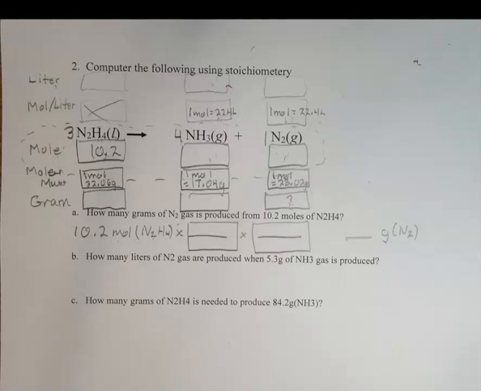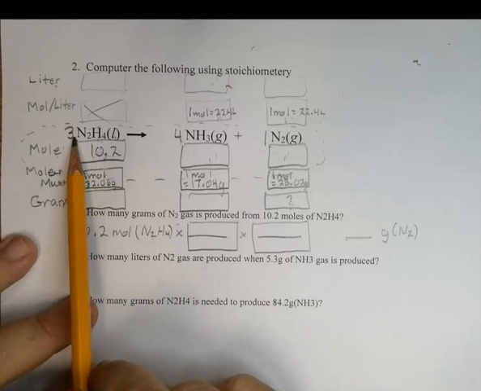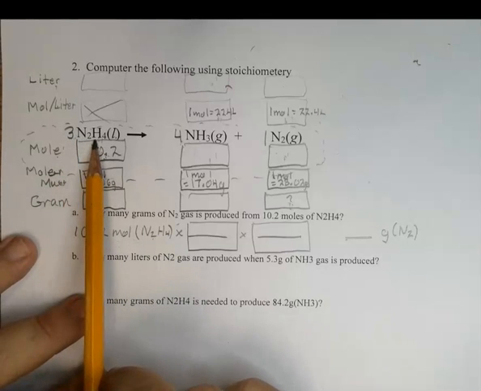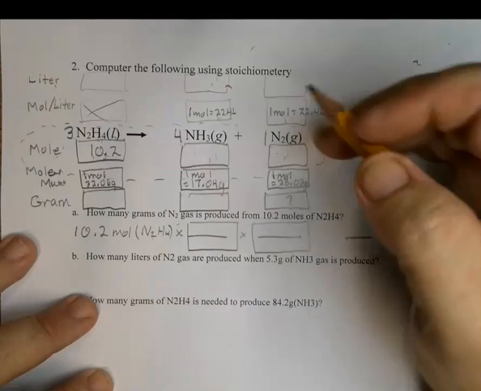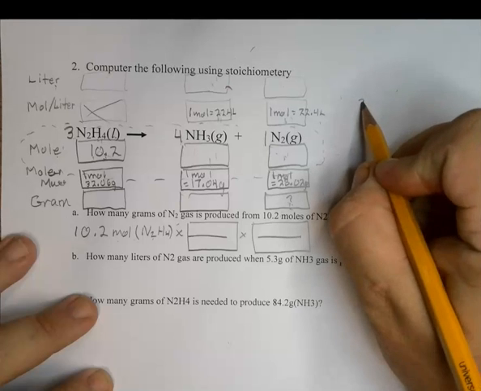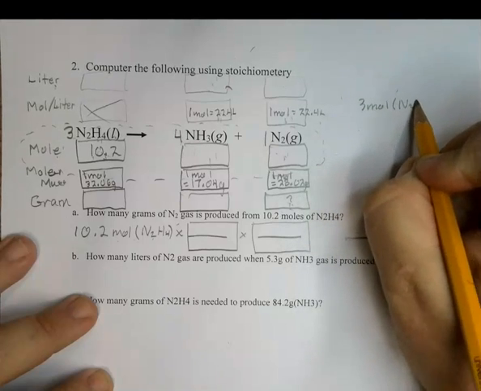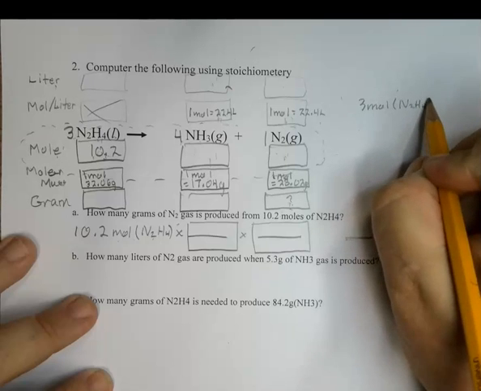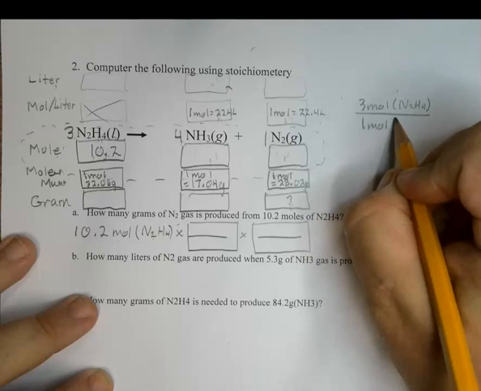All right? So now what we got to do is we've got a moles to moles conversion. 3 moles of this over 1 mole of this. So the way you could write that, I'll just do that off to the side here, is 3 moles of N2H4 over 1 mole of N2.